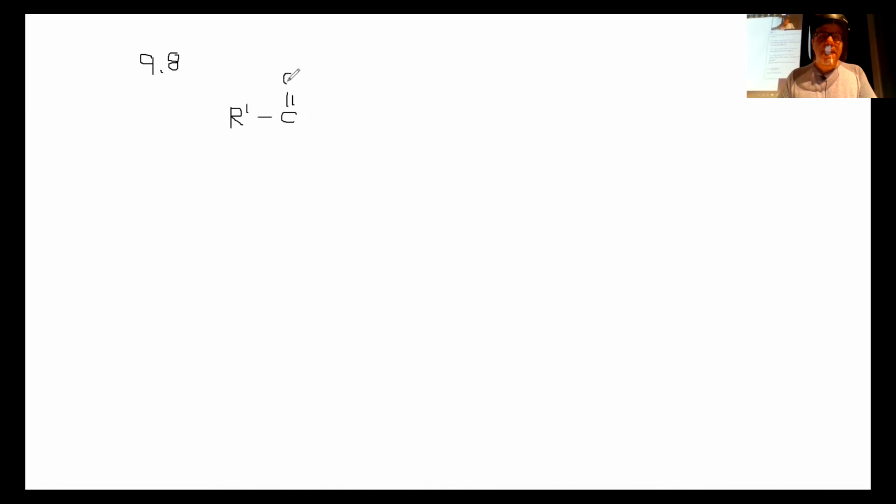But this can be any aldehyde or ketone for now. We said that whether you treat it with aqueous acid, H3O+, or you treat it with aqueous base, the end result is the same.